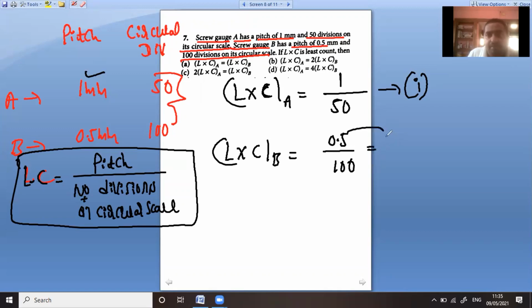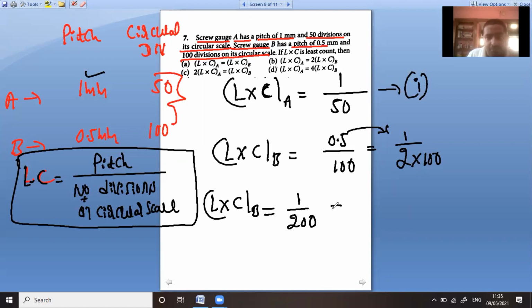So 0.5 can be written as 1 by 2, then into 100 as it is. So that is equal to 1 by 200. Now comparing these two, the least count of B is 1 by 200, and this is 1 by 50. So 1 by 200 is 1 by 50 into how much? Into 1 by 4.